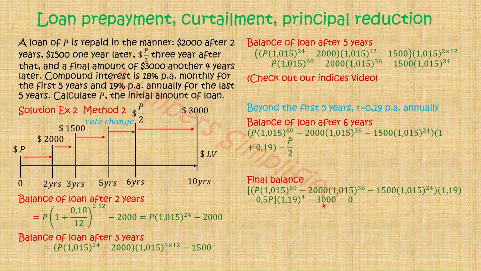And take note, the 1.19 raised to the power 4 only affects what was in the previous step, because that is what accrued interest, or the balance that we got from the previous step. Then we subtract the 3,000 so that we equate that to 0.